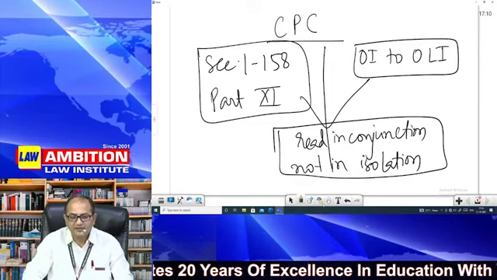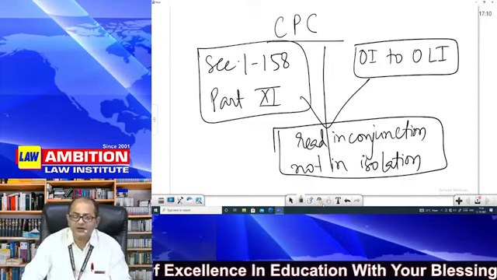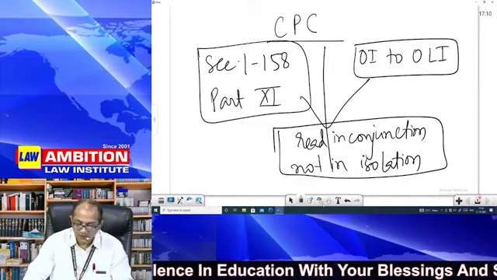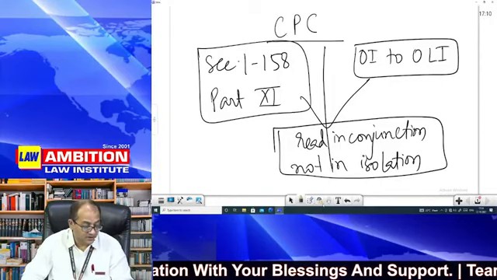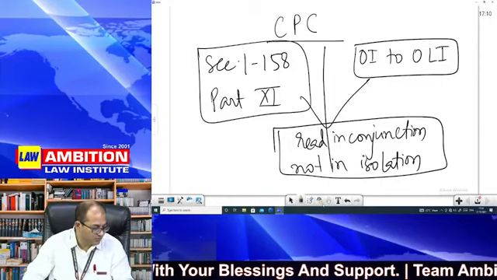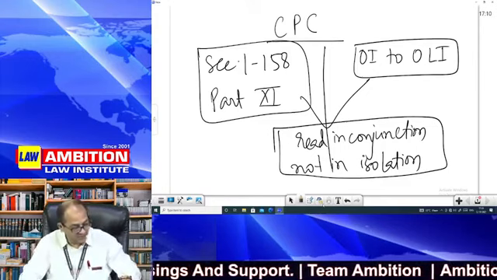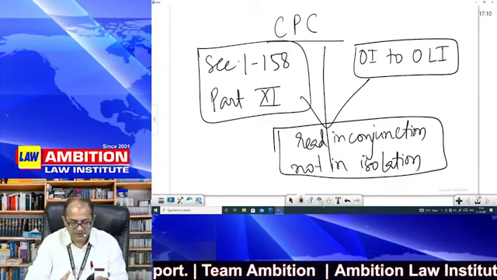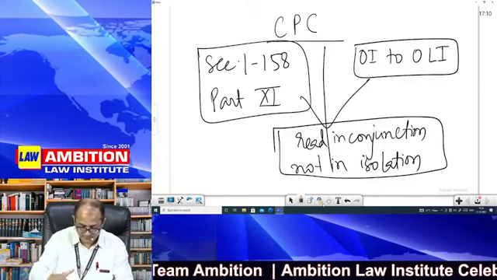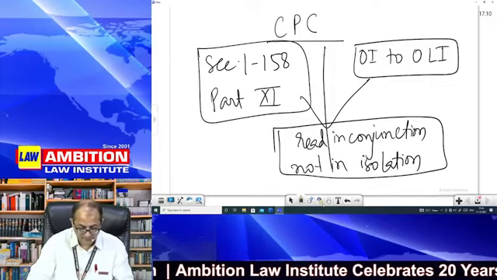So till this time we have been doing an overview of CPC and we have been learning the art of learning. But in further classes there will be more and more concepts. Now you have read this CPC a little bit, a survey can be done even further for your clarity and convenience.